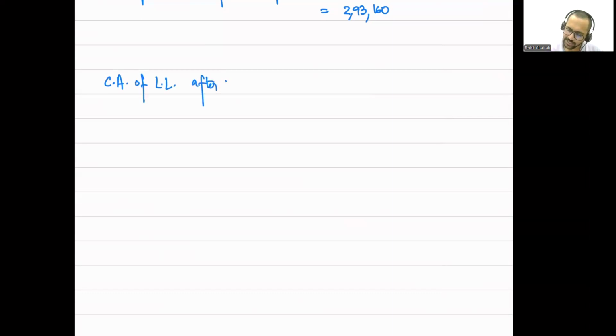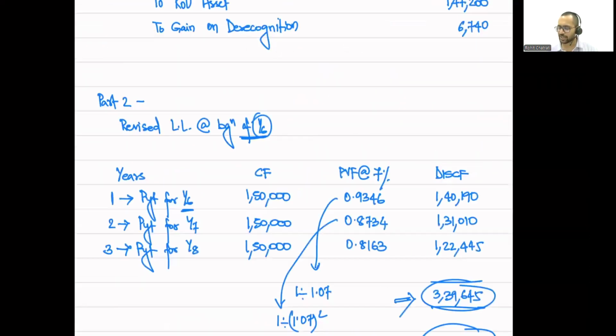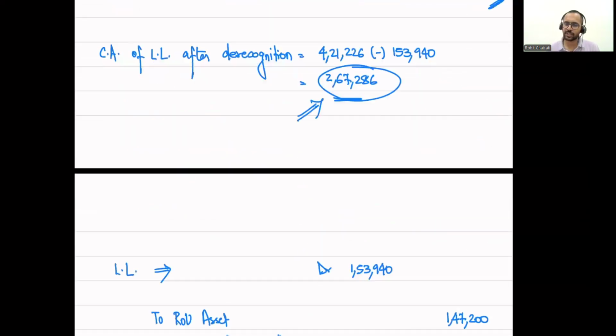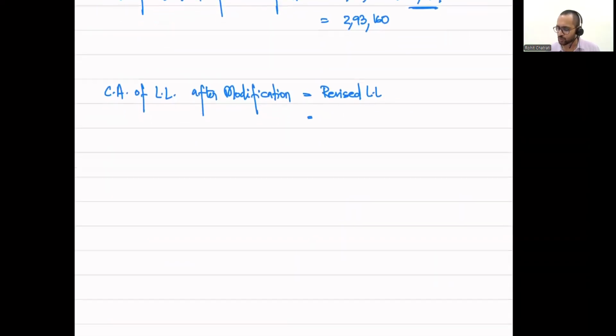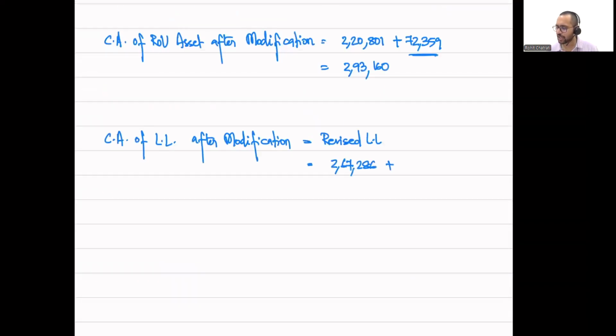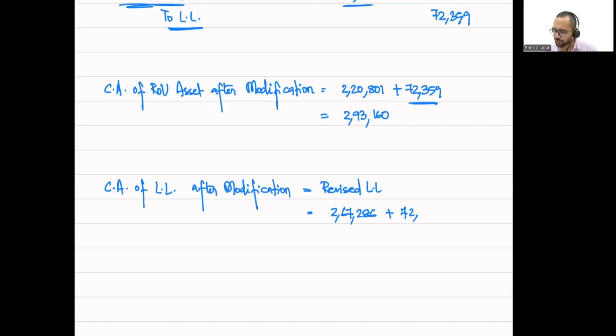Same way, I have the carrying amount of lease liability after modification. It is going to be equal to the revised lease liability itself. I can actually calculate it. I have a carrying amount after derecognition of 267,286. To that, I am increasing the liability by 72,359.